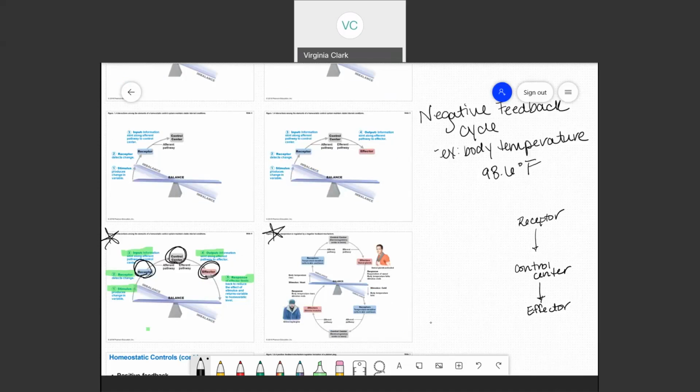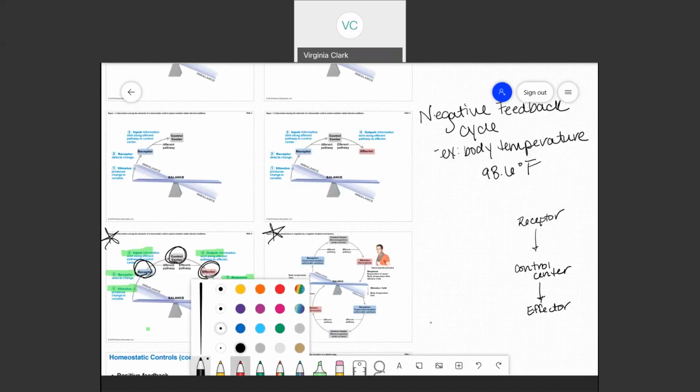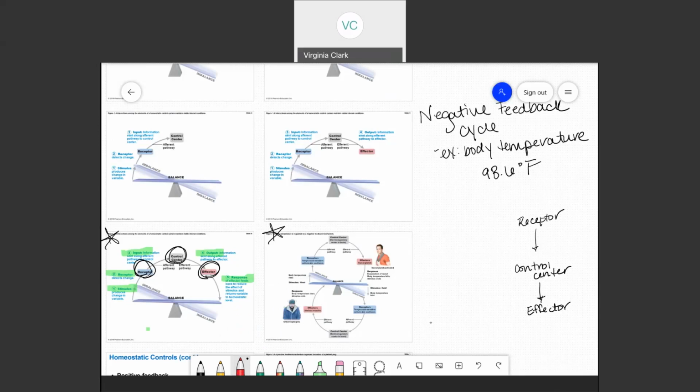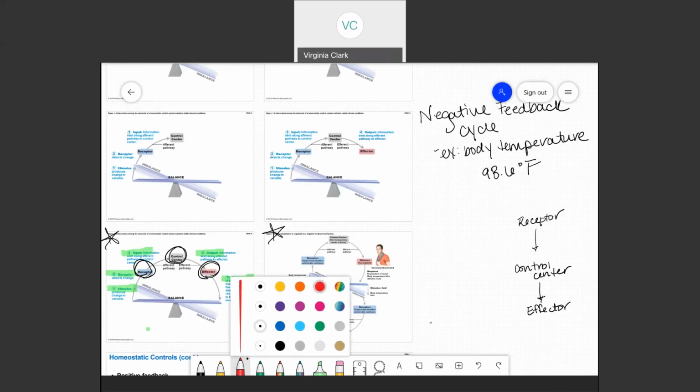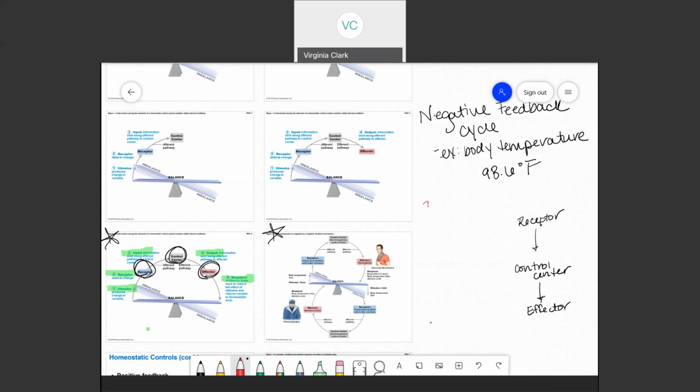But how do we do this? First off, what's going to happen with our receptor is we're going to have a stimulus. And the stimulus, since we are talking about body temperature, is going to be an increase in body temperature. So we are going above 98.6 degrees, an increase in body temperature.